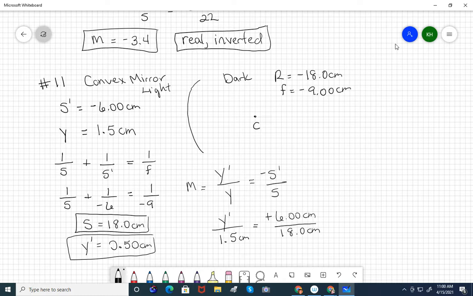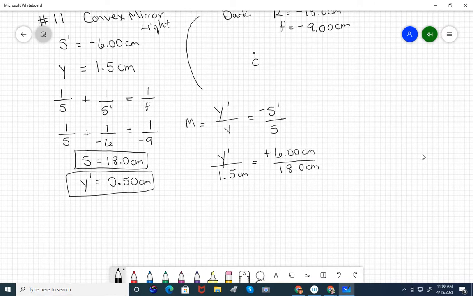As far as the type, the image is upright, which means it's virtual. So it's 0.50 centimeters tall. It is upright, and it is virtual. So it's like looking in a mirror and seeing a little teeny tiny image of it behind the front surface of the mirror.